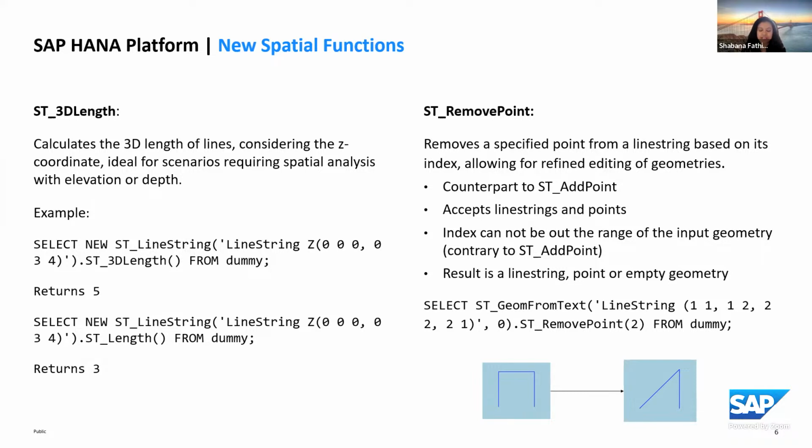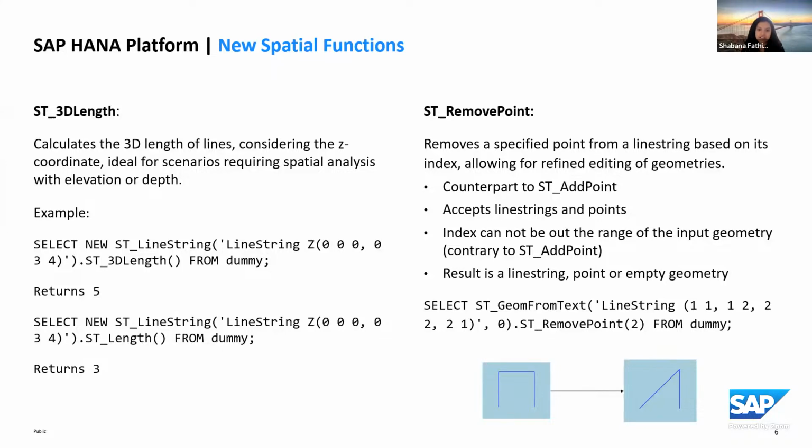And next we have the ST_RemovePoint. This function allows you to remove a specific point from a line string by specifying its index. You can think of it as a simple but nice editing tool within your spatial workflows. It's essentially the counterpart to another existing function in spatial, the ST_AddPoint function.